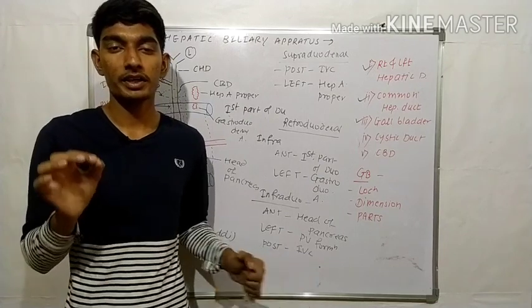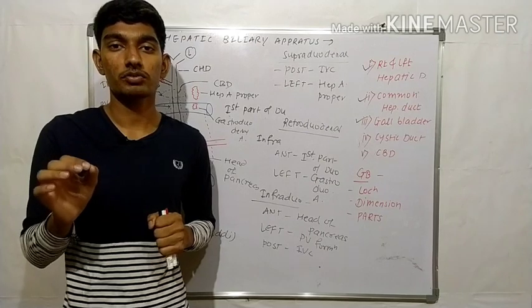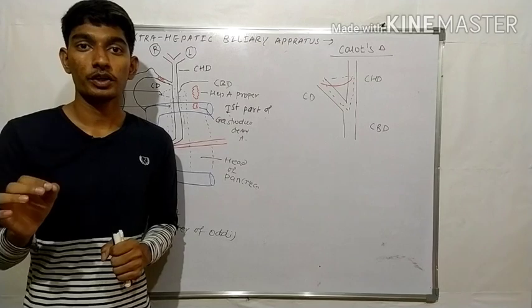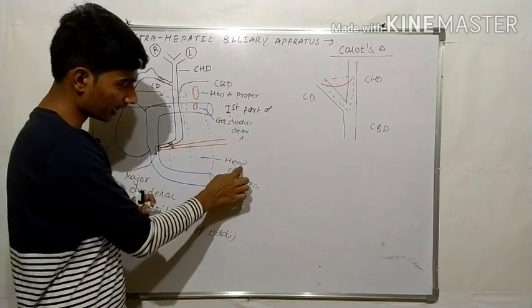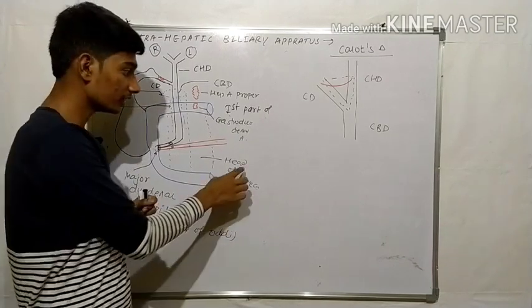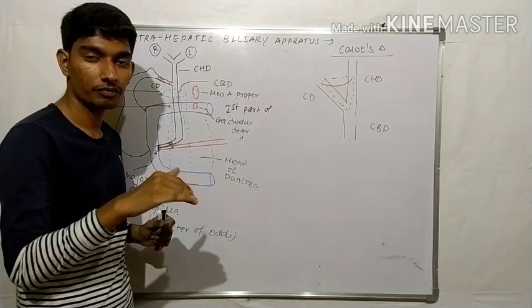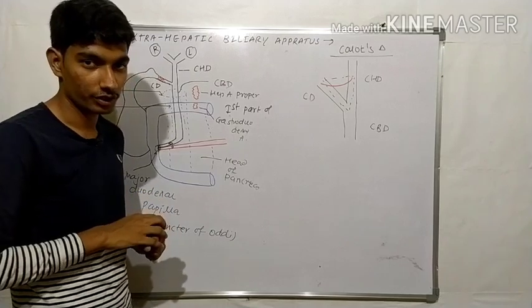In the extrahepatic biliary apparatus, this is a commonly asked question: relations of the bile duct. Now one more applied part. If the patient has carcinoma in the head of the pancreas, which in turn affects the infraduodenal part, it produces obstructive jaundice.